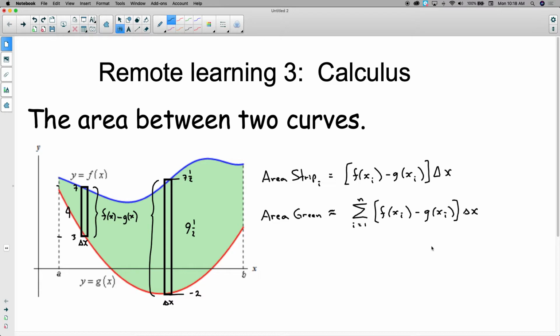Now, of course, we don't want n mini strips. We want infinitely many strips. And then we will introduce the idea of a limit as n approaches infinity. And my approximation then turns into the actual area.